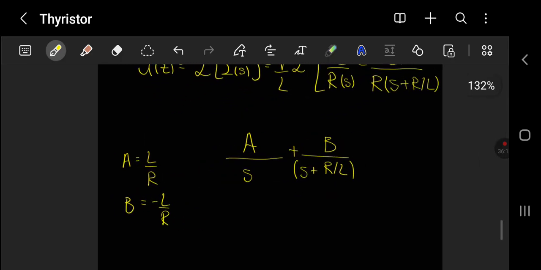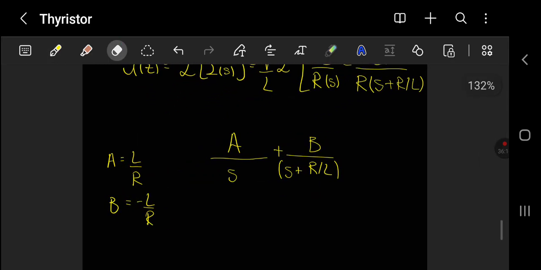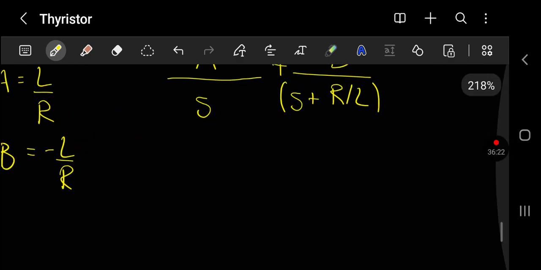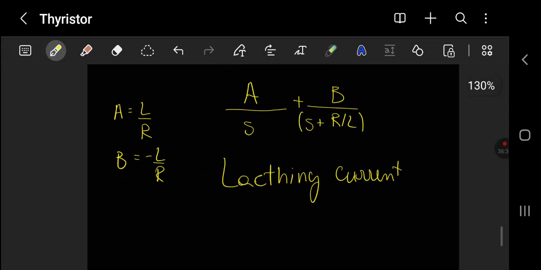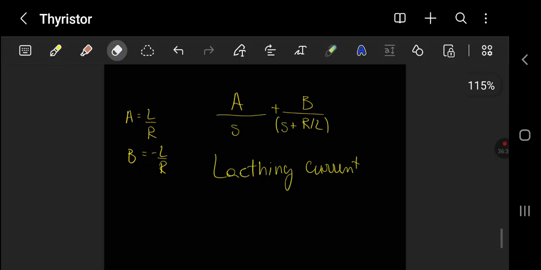And this is the equation that describes the current given a latching current of the thyristor.